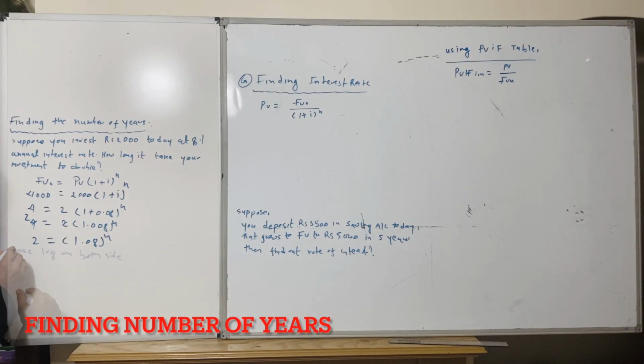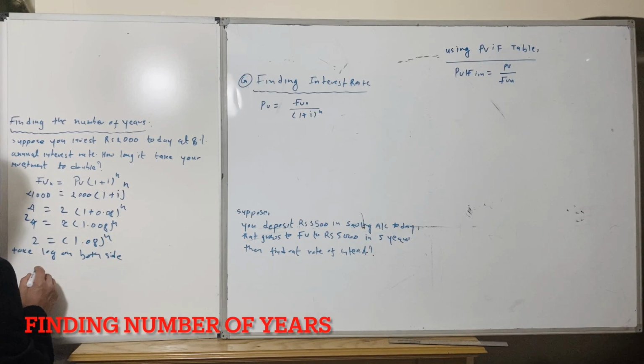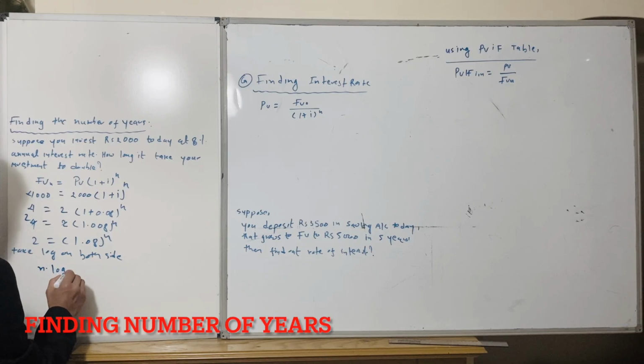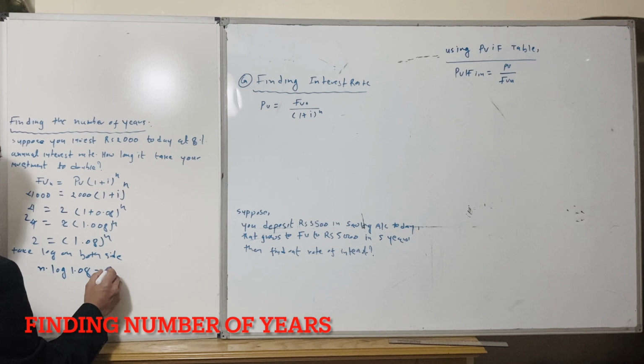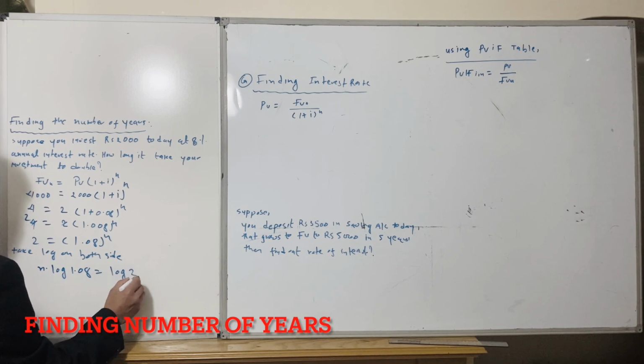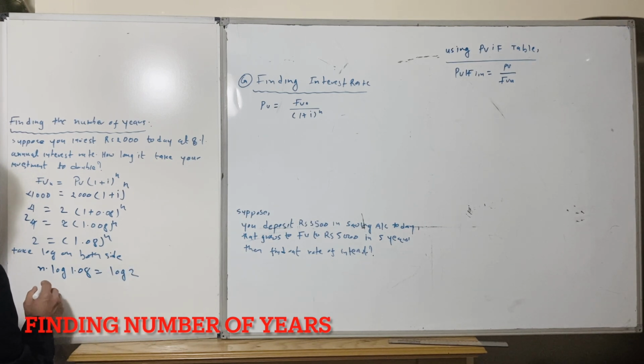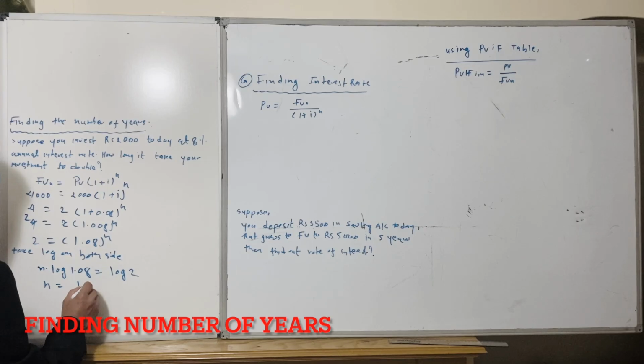Now, taking log on both sides, we get n log 1.08 is equal to log 2. So the number of years is equal to log 2 divided by log 1.08.